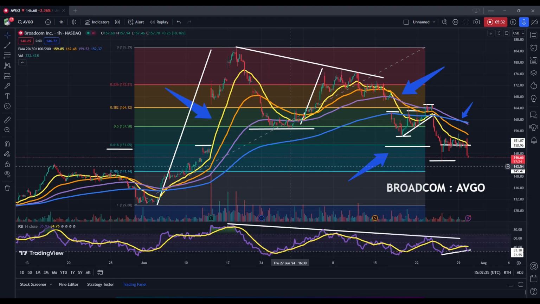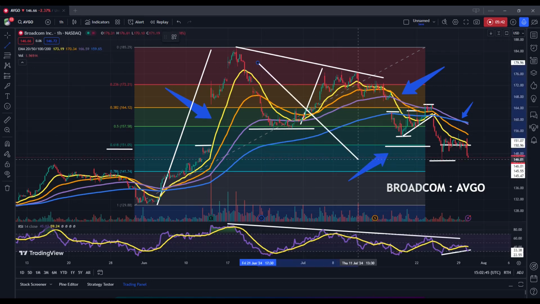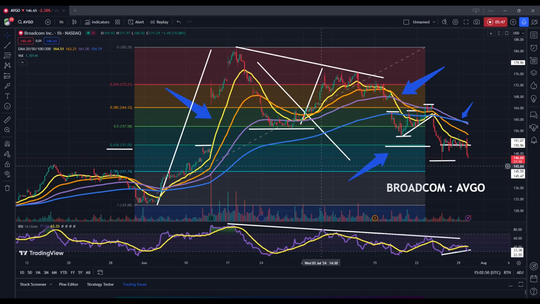We've seen a significant amount of selling pressure over the last 2 weeks, and this has been reflected in the Broadcom chart. I would say for the most part, Broadcom has actually held up fairly well compared to some stocks. Anybody that has seen my recent video on Meta Platforms would know that some of the Mag 7 stocks are faring much worse.